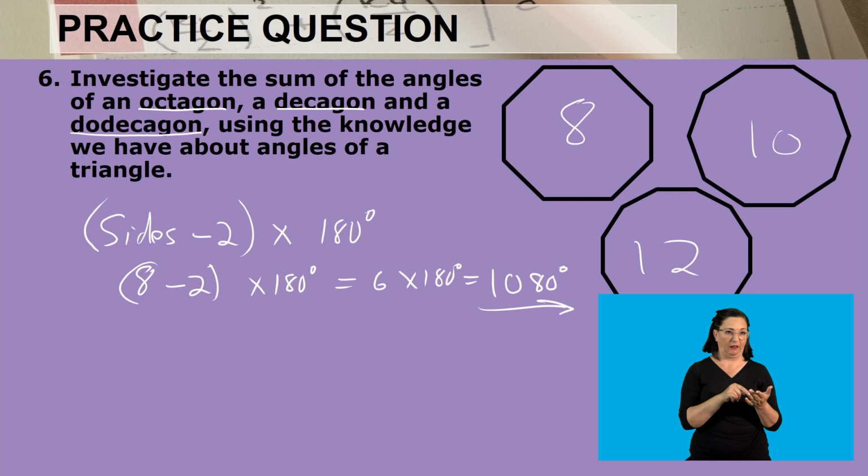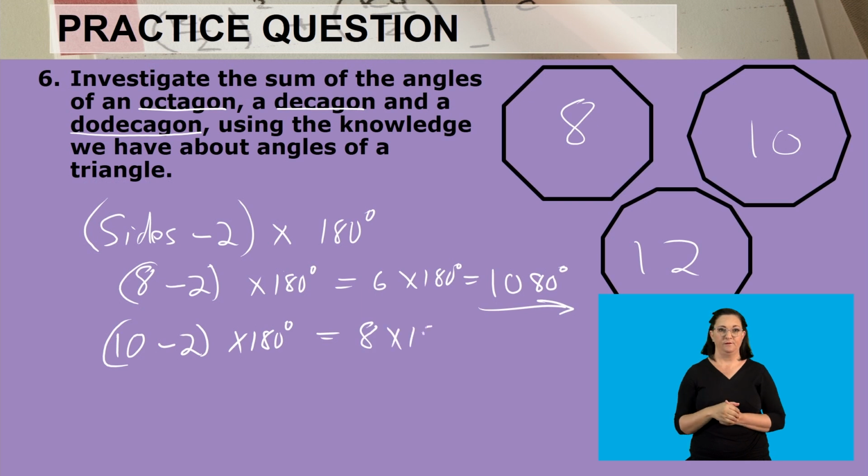We can now do the 10-sided on the same page, with just the calculation. It would be sides minus 2, so 10 minus 2, multiplied by 180 degrees. 10 minus 2 is 8, multiplied by 180 degrees. And we again press that, 8 multiplied by 180 degrees, and it gives us 1440.